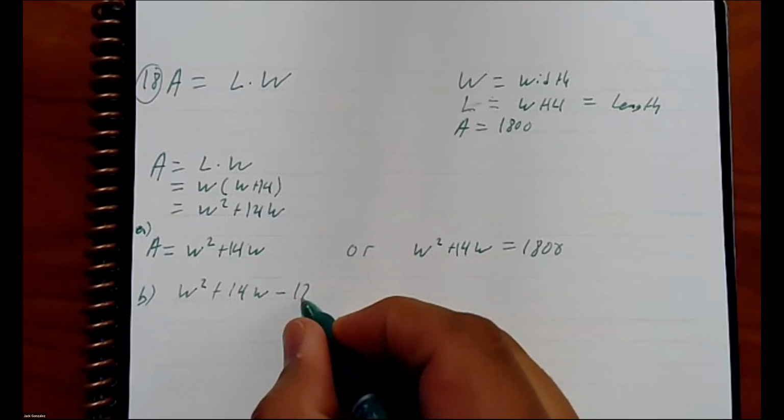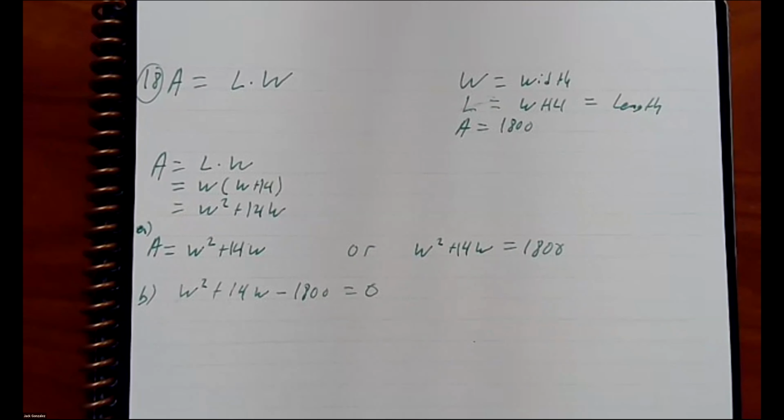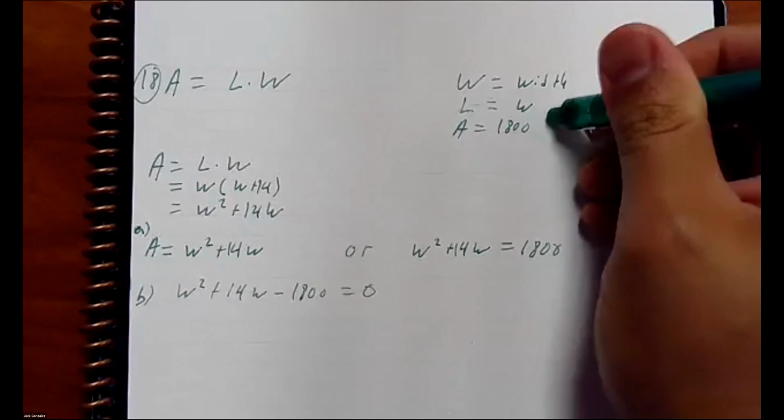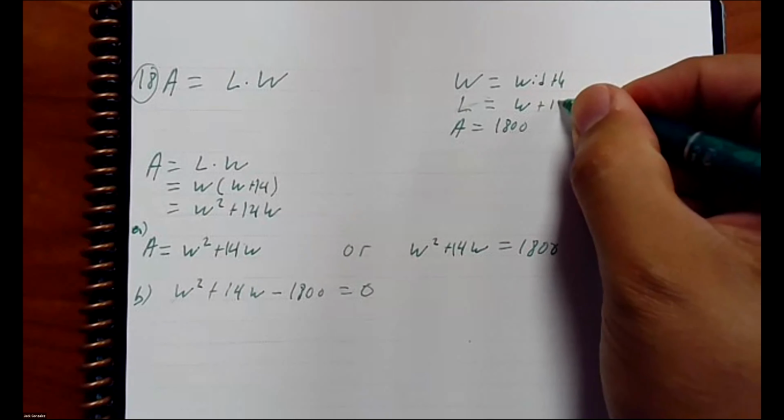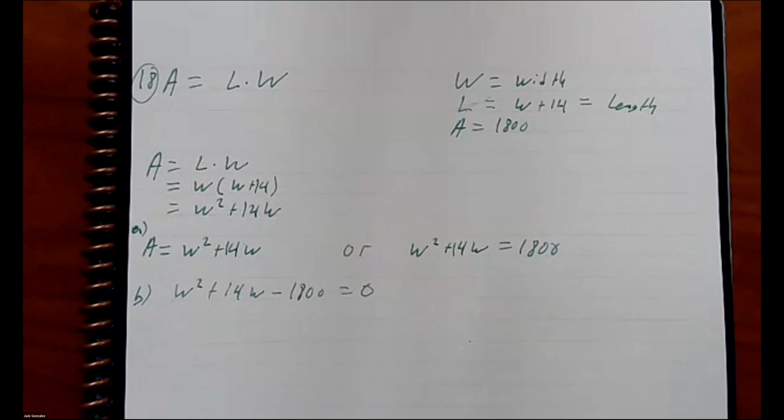Set it equal to 0. That's how you solve quadratics. Subtract over the 1800. No, L is equal to width plus 14. Okay. So factor this. I don't know if that factors nicely or not. If not, we're going to have to use the quadratic formula.